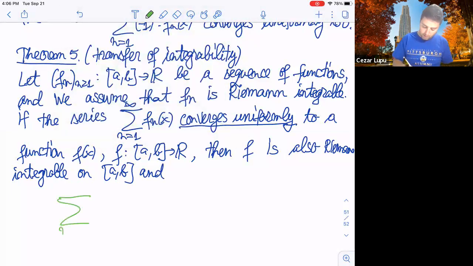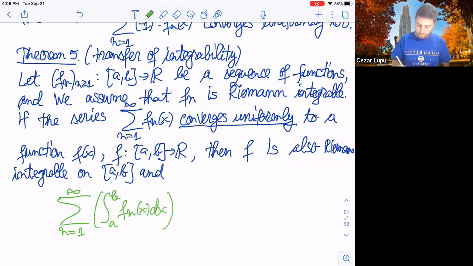We can commute the infinite sum with the integral. We have the series, and this would be the integral. So the series of the integrals will be the integral of the series. Well, I should have put it the other way around, anyway, it doesn't matter.